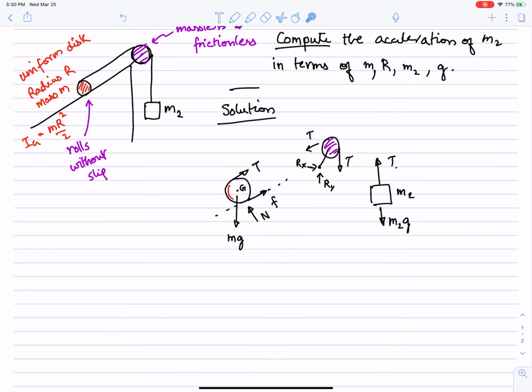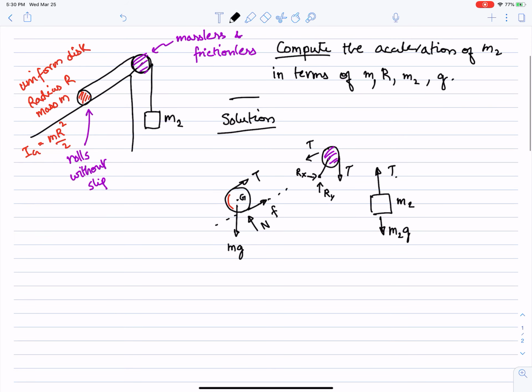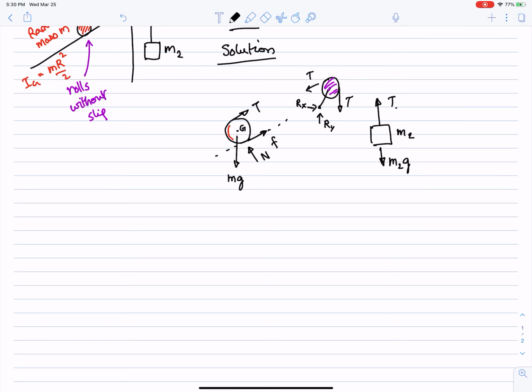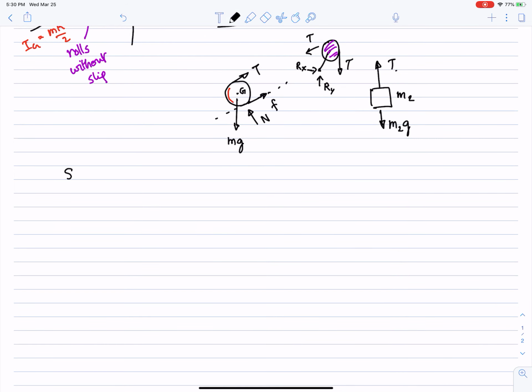Let's actually define sign conventions for everything. We have the system like so.